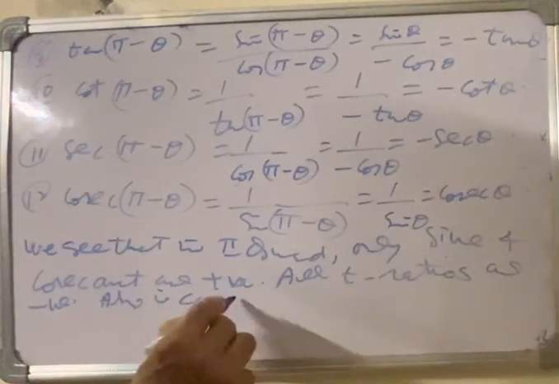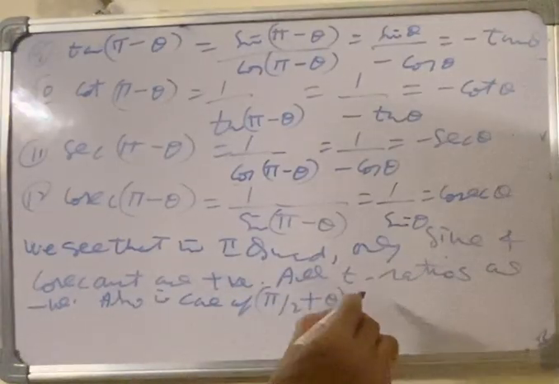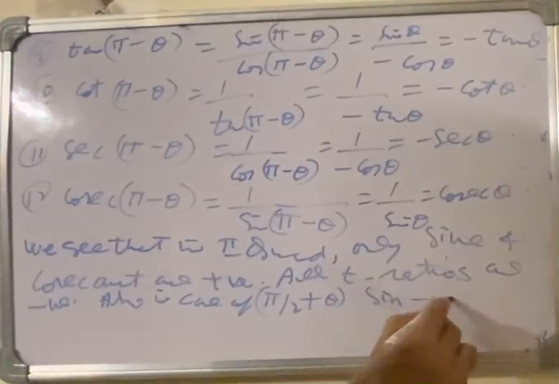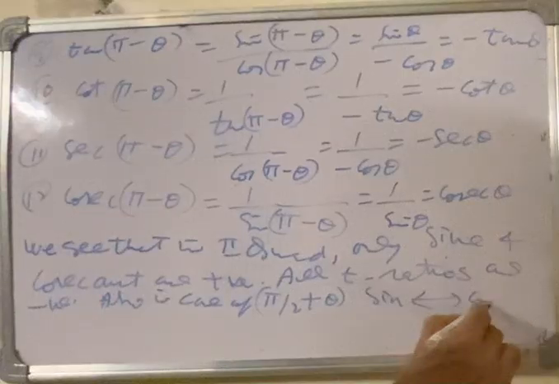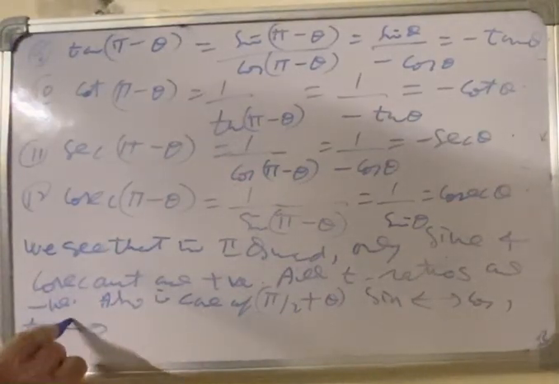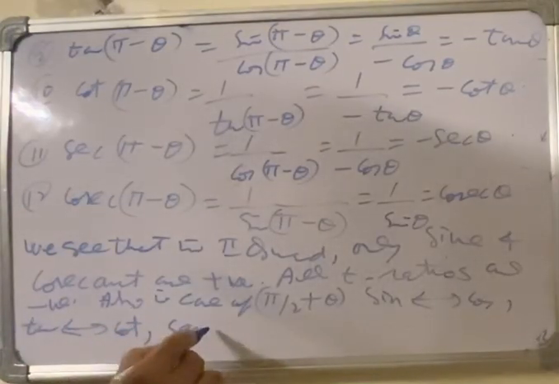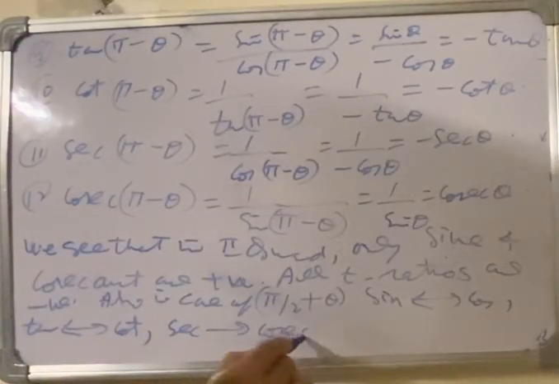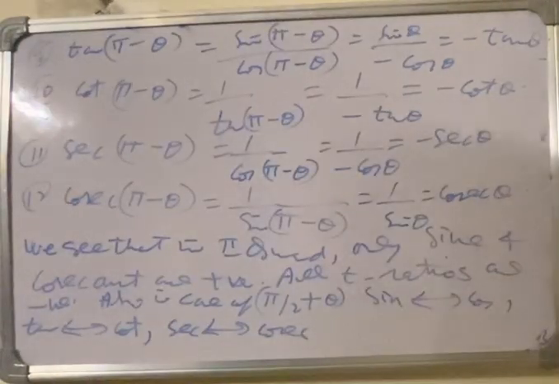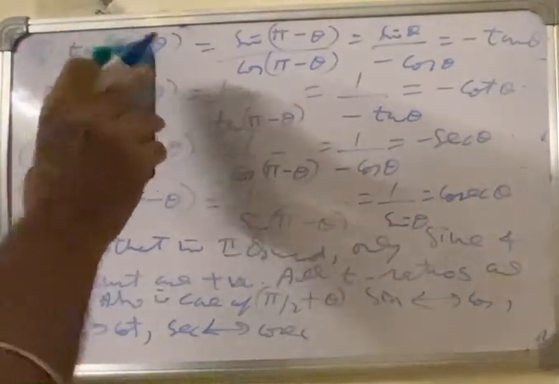And also in case of pi by 2 plus theta, sine changes into cos, cos changes into sine. Similarly, tan changes into cot and cot changes into tan, secant changes into cosecant, cosecant changes into secant.